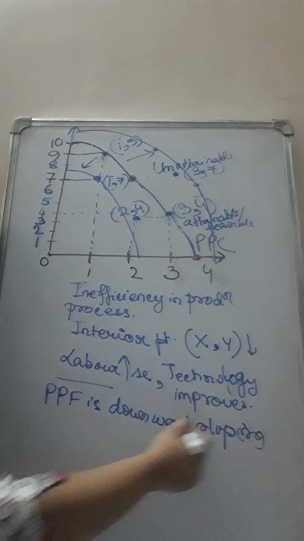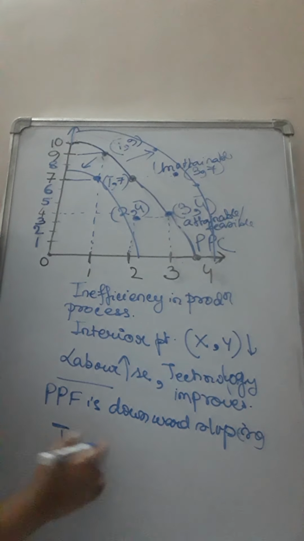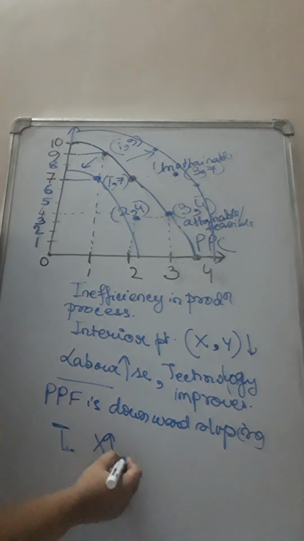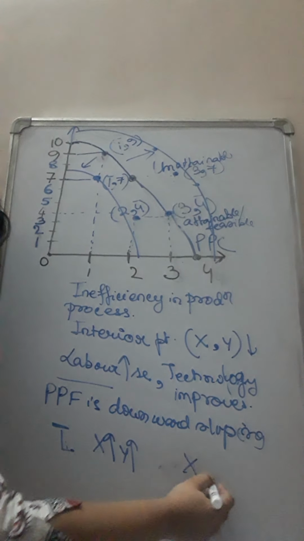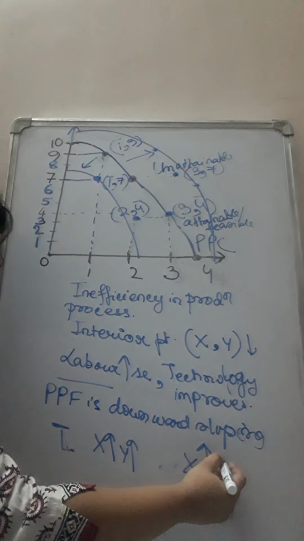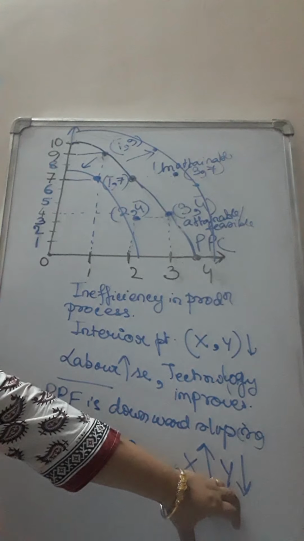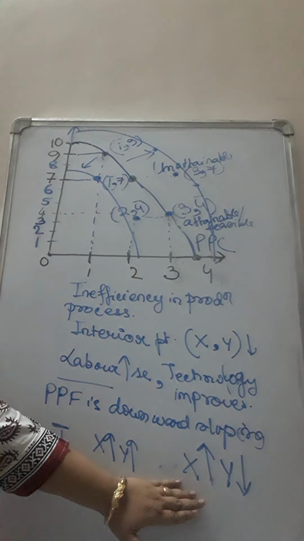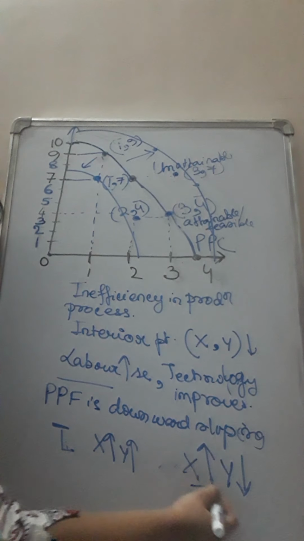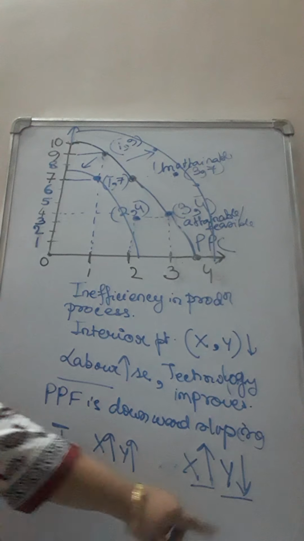It happens due to the fact that with a given amount of labor, you cannot increase the production of both X and Y. Rather, if you want to increase the production of X, you need to drop the production of Y, because you are taking labor from here and allocating it to the production of X. So when the relation is like this, the arrows move in opposite directions. To increase X, Y has to decrease.